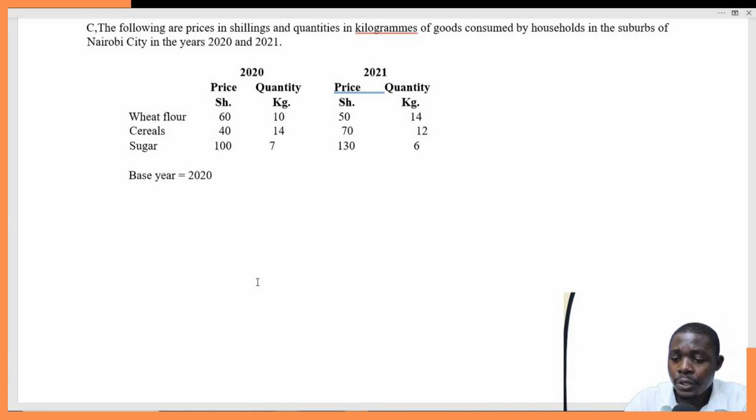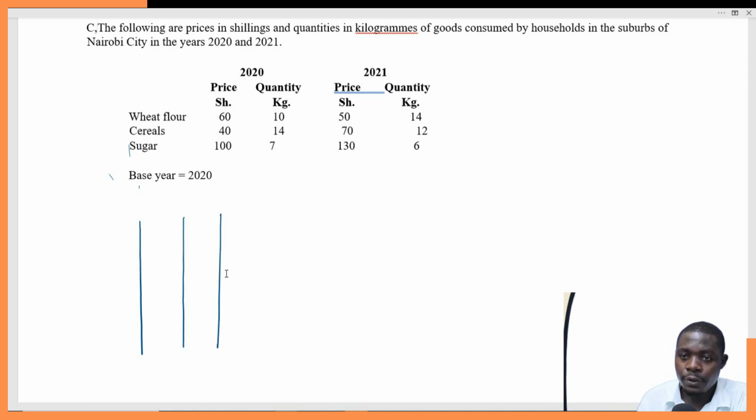Here I'm going to generate a table that I'm going to use to calculate. We have the data here. We just sketch a table here. Also, we are going to have another one for P naught. We have the figures we are going to record here for Q naught.